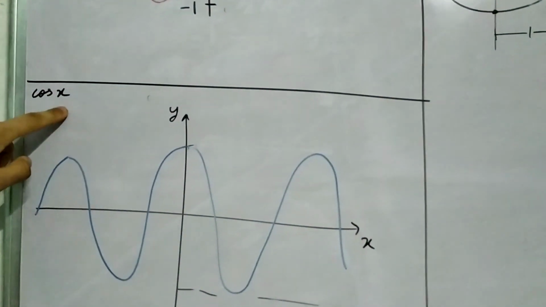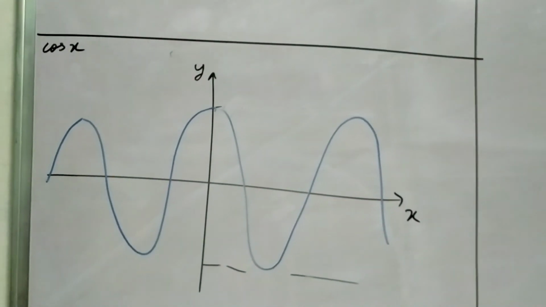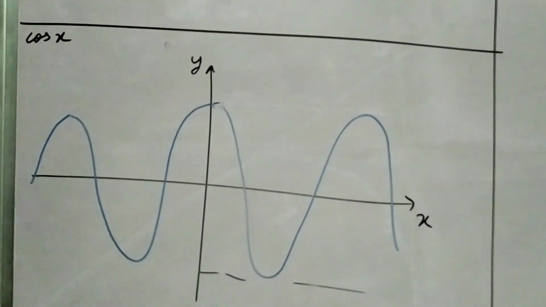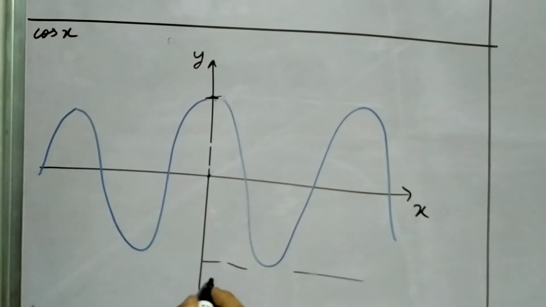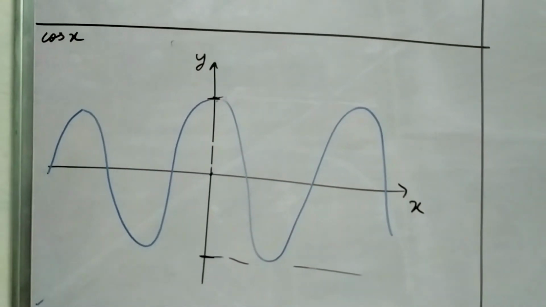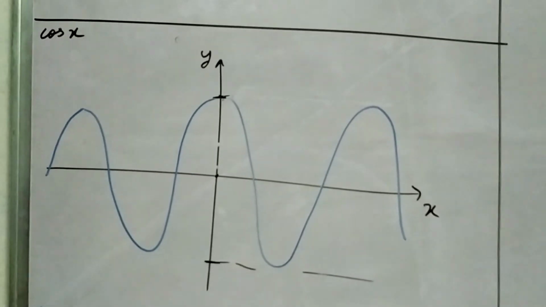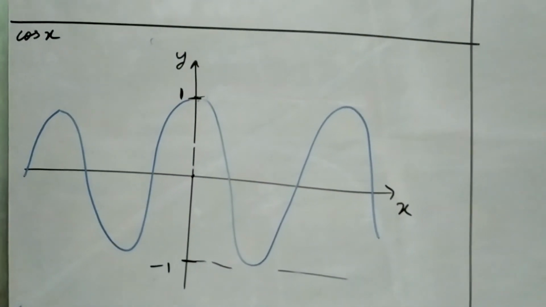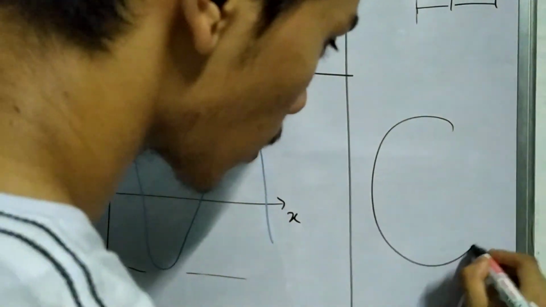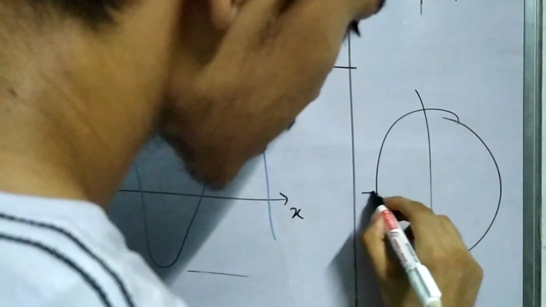So next up is cosine. It's a very rough graph, but still, again, it seems to oscillate between two values. What are the two values? Yeah, I have guessed it correctly. It's 1 and -1. Again, you can see it from our basic understanding.